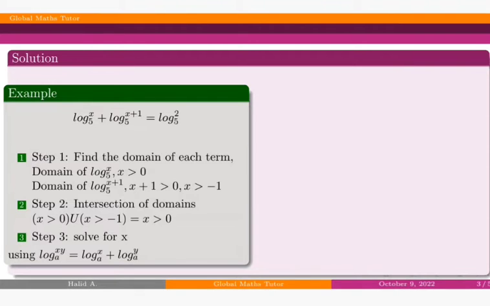So using this, the logarithm of x to the base 5 plus the logarithm of x plus 1 to the base 5 can be written in one term as the logarithm of x times x plus 1 to the base 5 using this product rule of logarithms.